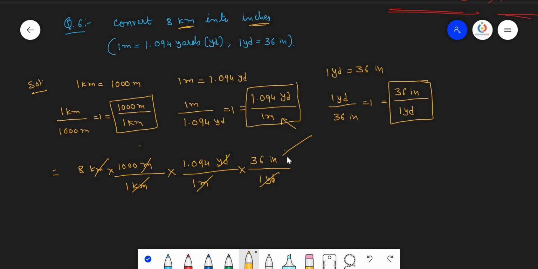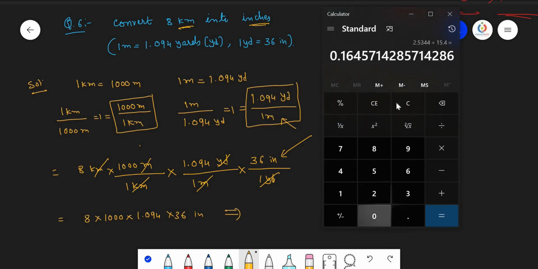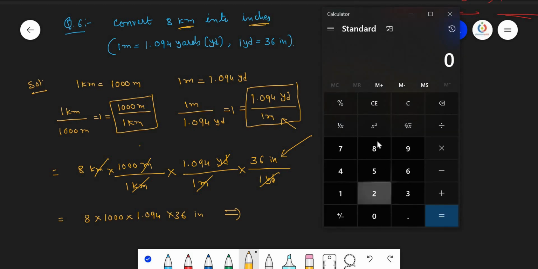So finally the answer must be in inches because that value should be in the numerator. So 8 into 1000 into 1.094 into 36 inches. Let's take the help of the calculator once again. 8 into 1000 into 1.094 into 36.